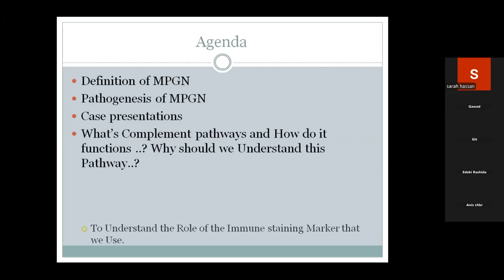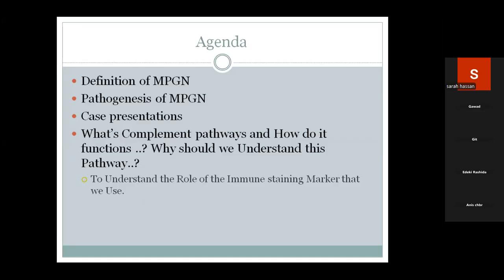for pathologists and nephrologists to understand the role of immune staining markers, because these markers are just antibodies that highlight what's deposited here, which are the components of the complement pathway.